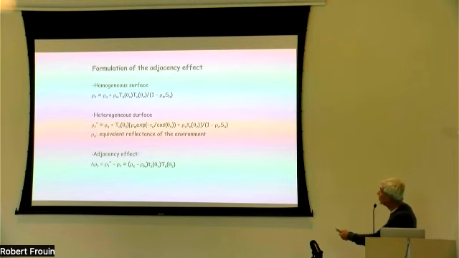Therefore, the adjacency effect can be written as the difference between this ρt star in the case of a heterogeneous surface and ρt in the case of the large target formalism. And you can see it's basically the difference between the equivalent reflectance of the environment and the water reflectance, modulated by diffuse transmittance and total transmittance.